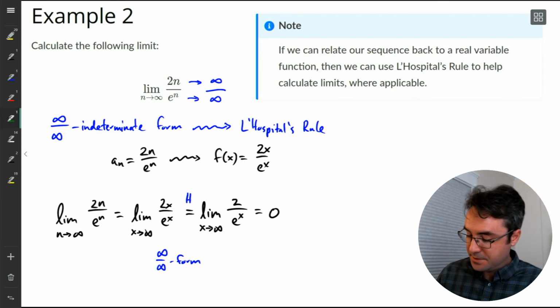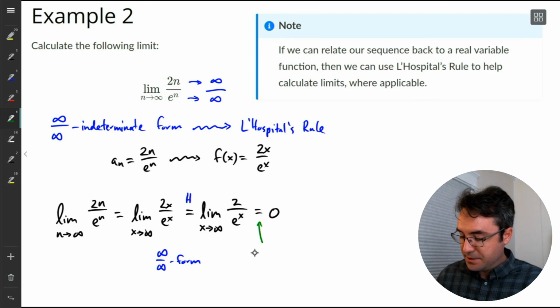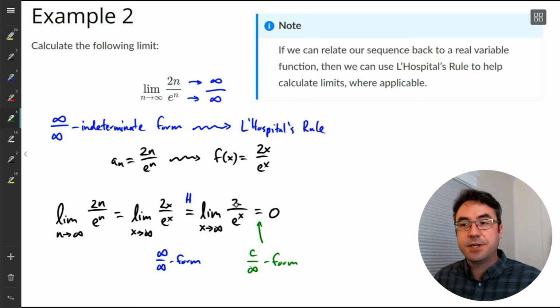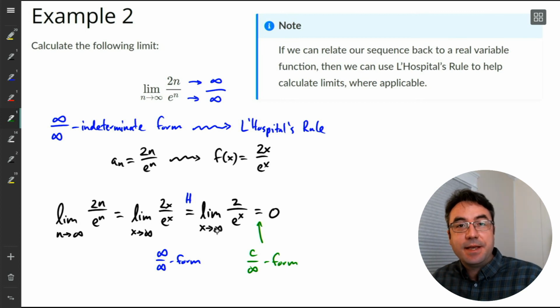Because this is just another constant over infinity form. So our fraction here, what's happening is that x is approaching infinity. So the numerator is staying constant. It's approaching a constant. But our denominator is getting really large positive.